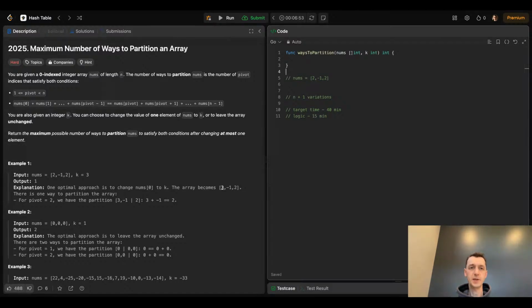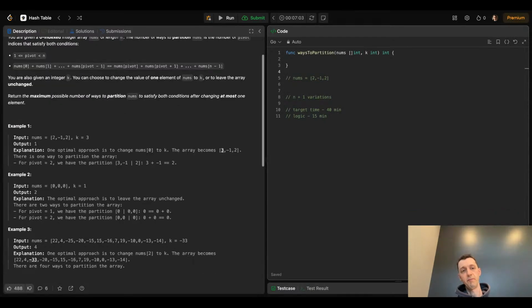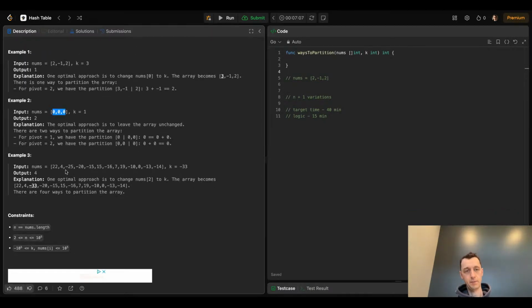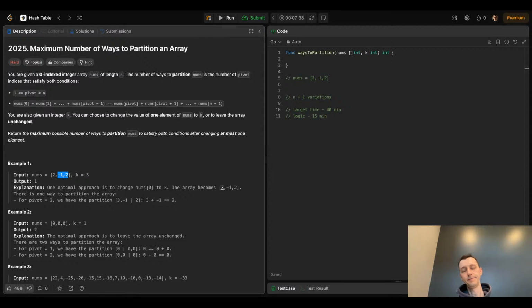If we only had the array, we would just calculate the full sum, then move the pointer and calculate both sides, and when they're equal, we count it as a pivot index.